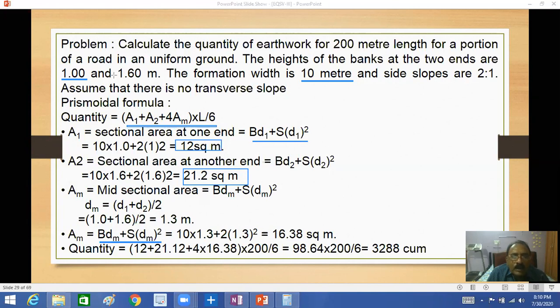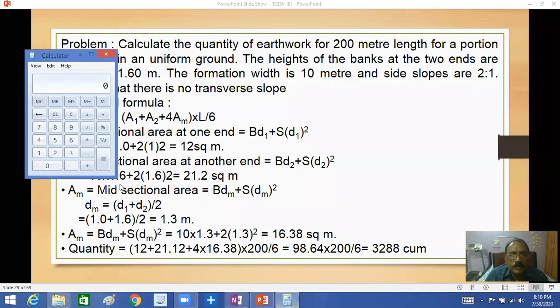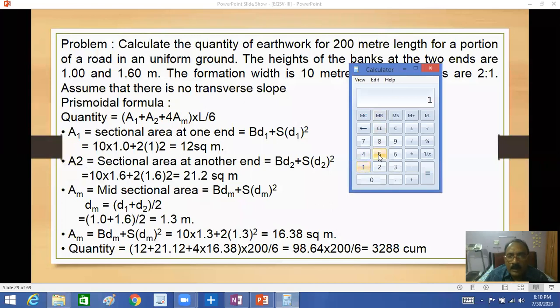What is the average depth? Using the calculator, 1 plus 1.6, how much do you get? 2.6.